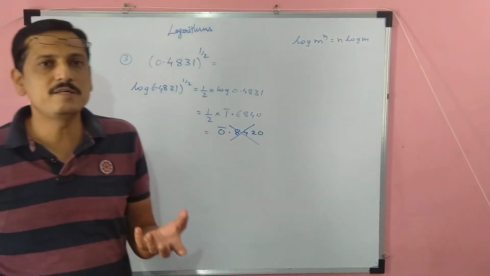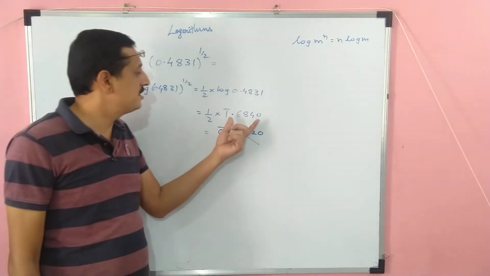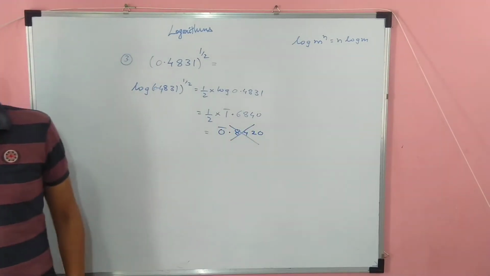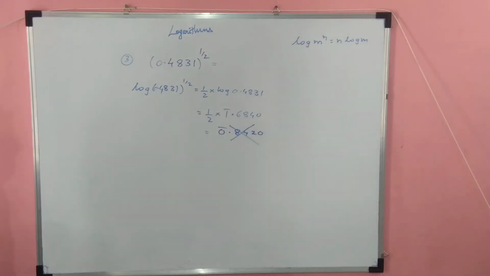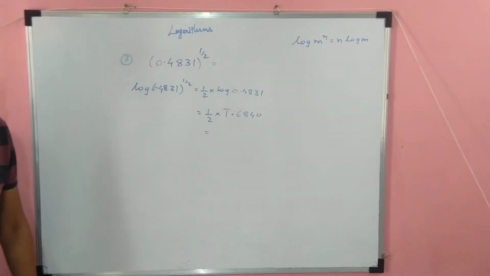Then how will we divide them? For that, student, we have to adjust this value in the positive form. Now if it is positive, we can divide easily. So how will we adjust it? Student, check how we can adjust it.